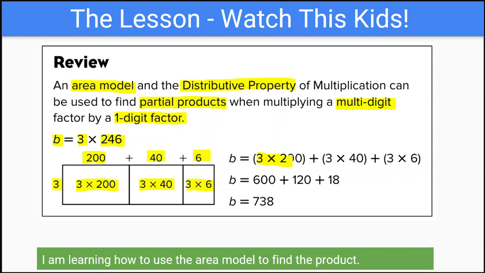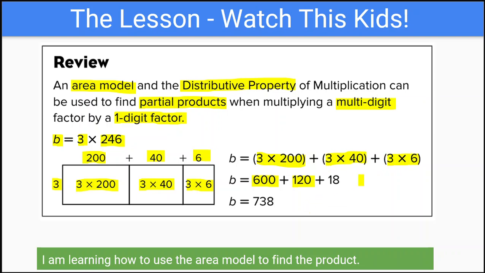So once again, it's 3 times 200 plus 3 times 40 plus 3 times 6. Well, 3 times 2 is 6, with 2 more zeros, that's 600. 3 times 40, well, 3 times 4 is 12, with a 0 on the end is 120.